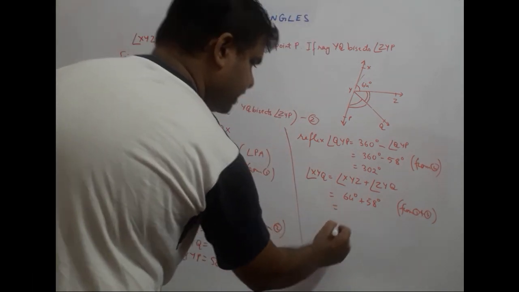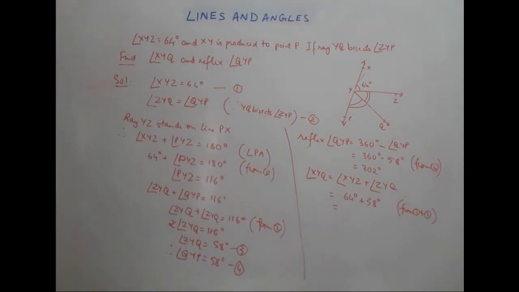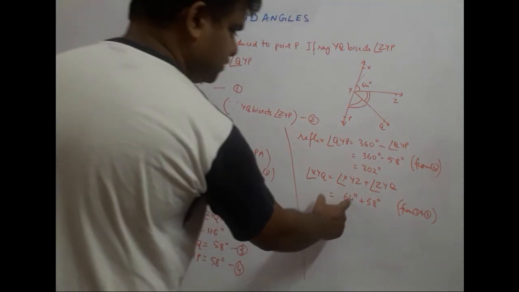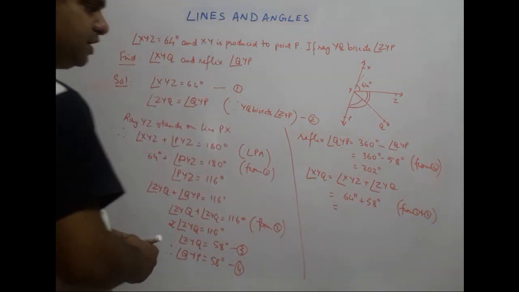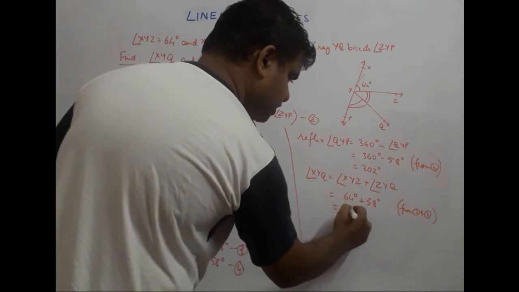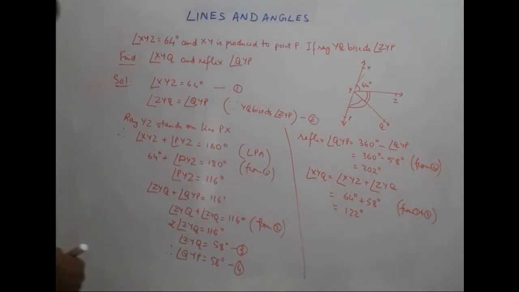Now we just need to add: 64 plus 58 gives 122 degrees. Correct? So this is how we get reflex angle QYP and angle XYQ.